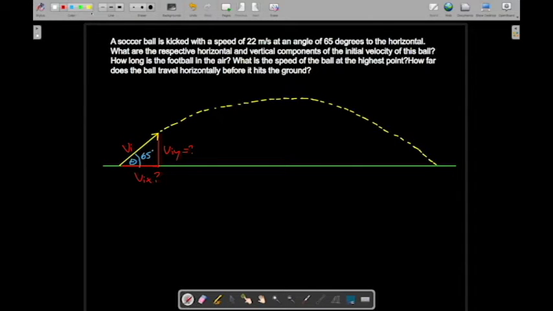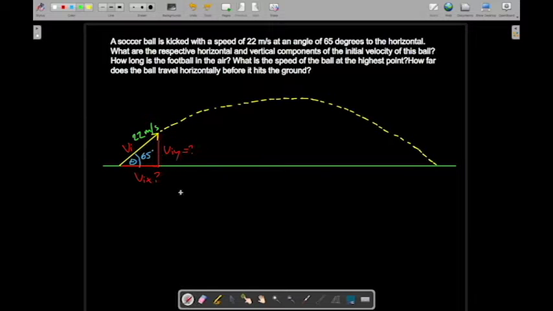Keep in mind that we do know that our initial velocity is 22 meters per second, and what they gave us was this part of the triangle. We're asked to solve for the V initial X on one side of the triangle and our V initial Y on the other side.